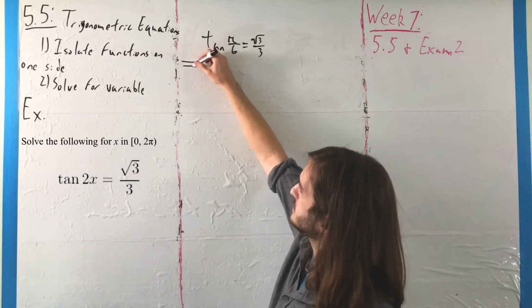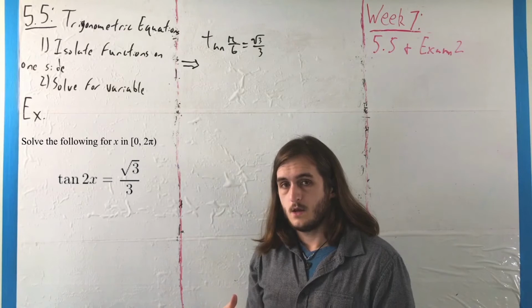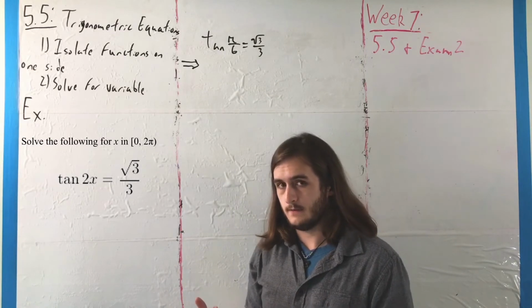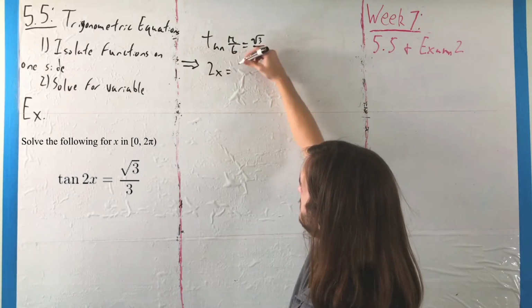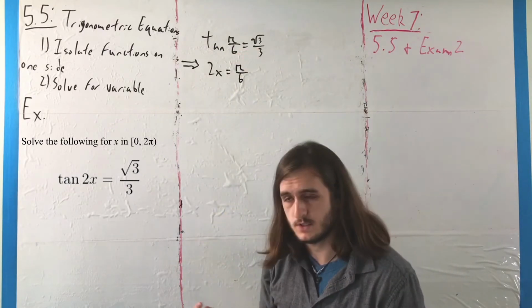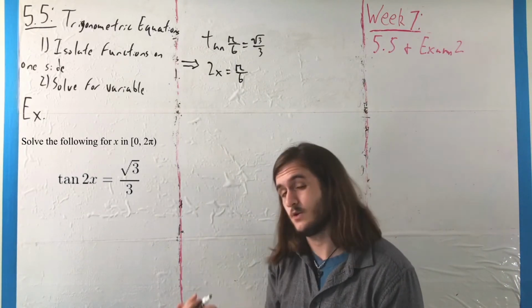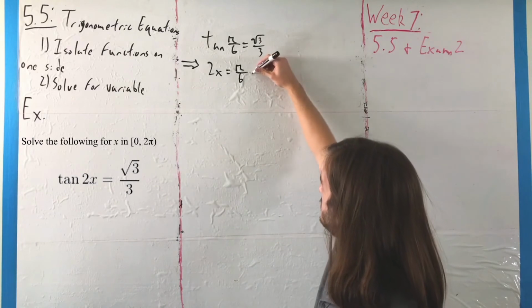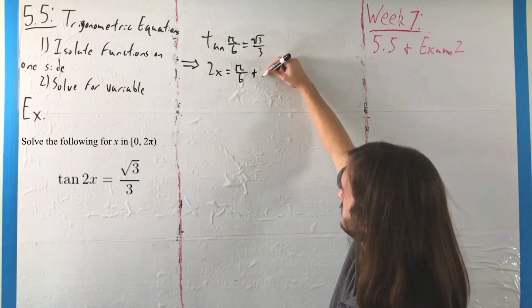So, because tangent of pi over 6 is equal to root 3 over 3, what we must have is that 2x is equal to pi over 6, but not just pi over 6. Pi over 6 happens to be the nicest candidate, but it's not the only one. We'll have this again every time we take half a revolution.